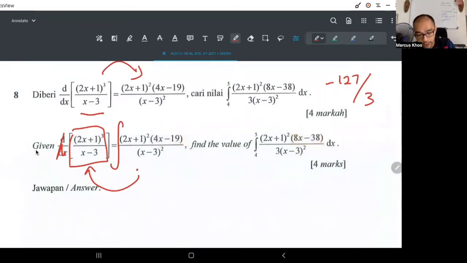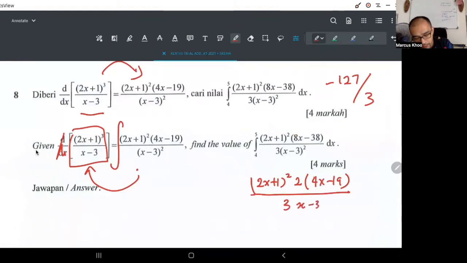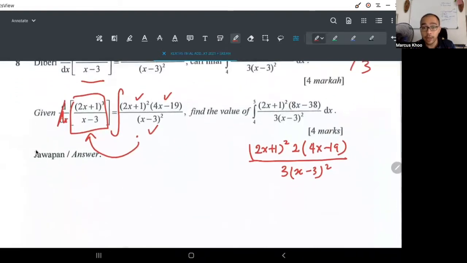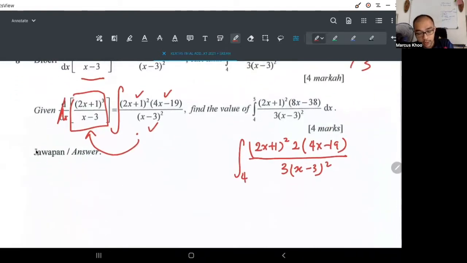If you take a look at this, if I write 2x plus 1 squared times 2, 4x minus 19 over 3x minus 3 squared, then it will look very similar to this. And all I have to do is remember that constants can be taken out.